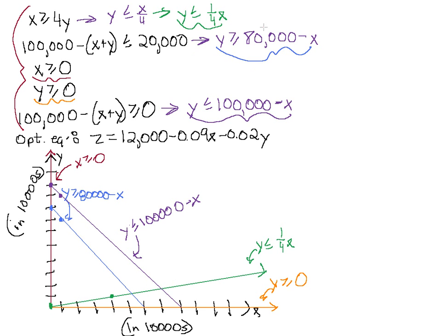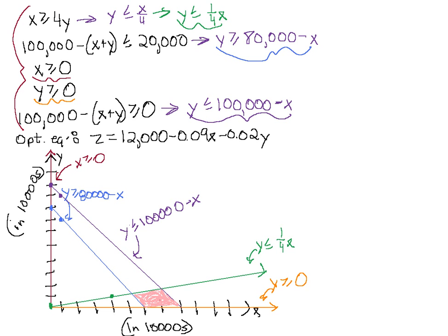We're going to shade above the blue line because all the values are greater than. So we're going to shade to the right. This region is how we narrow it down. It's just a process of elimination. And the purple line, we're going to shade under it. So we're actually going to have this as our feasibility region, this looking like a quadrilateral.